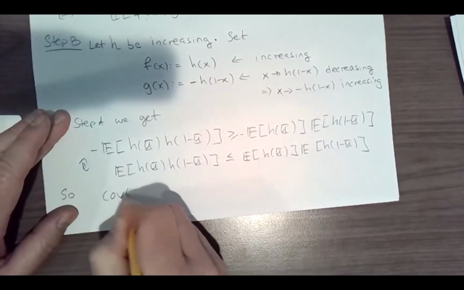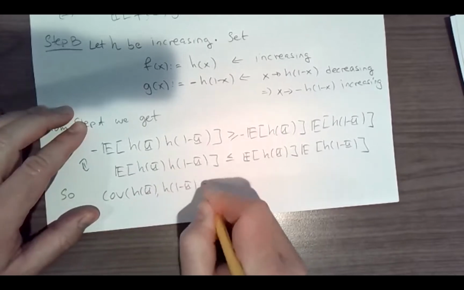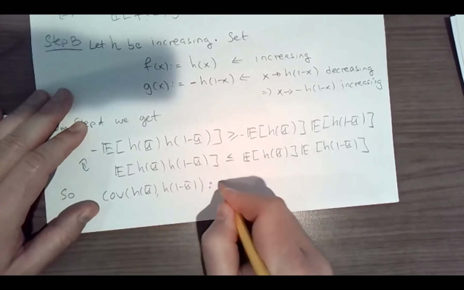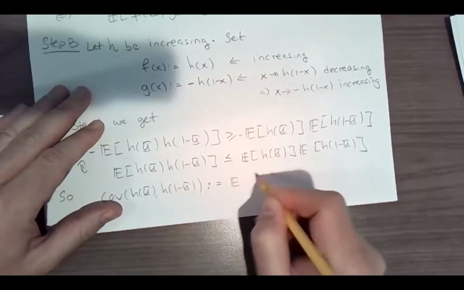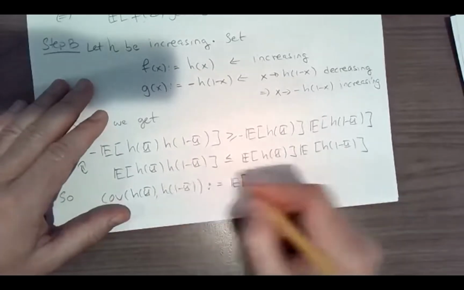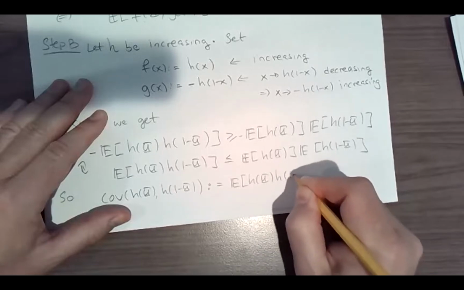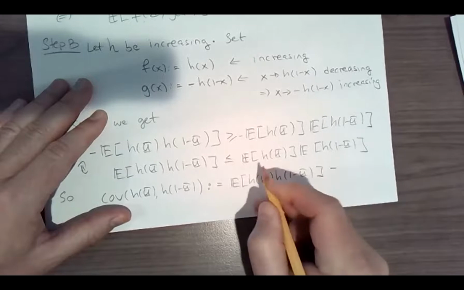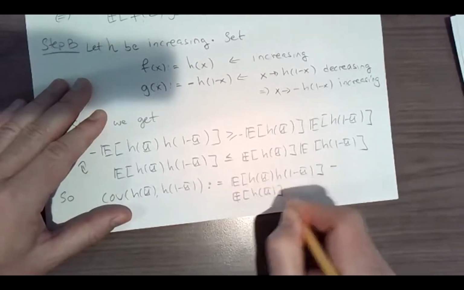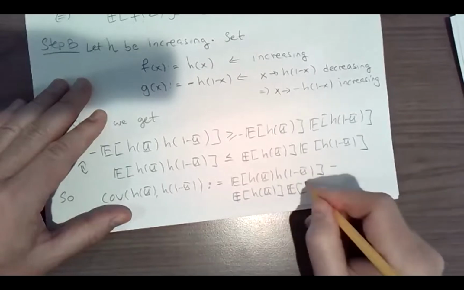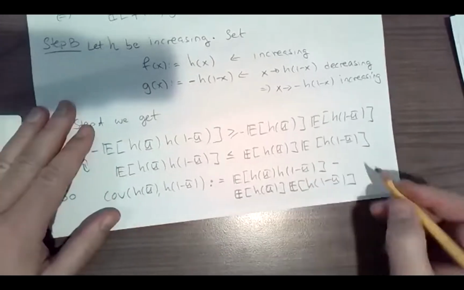So the covariance of h of u, h of 1 minus u, by definition is the difference between these two: E of h of u times h of 1 minus u minus what's on the right-hand side. So then this is going to be negative.